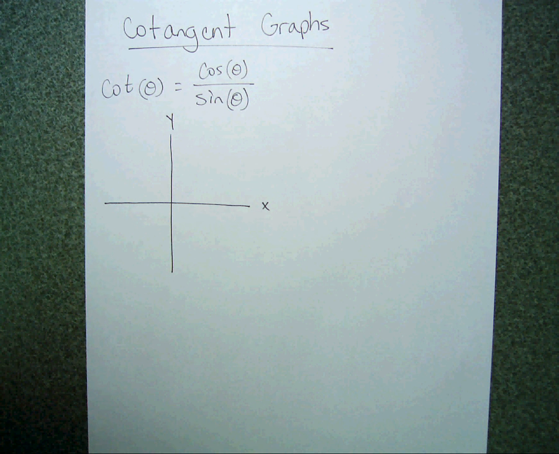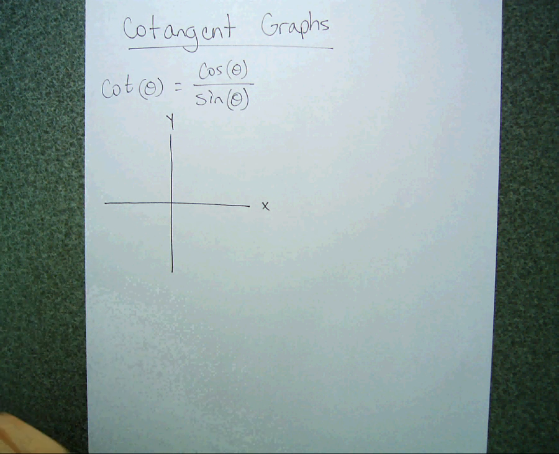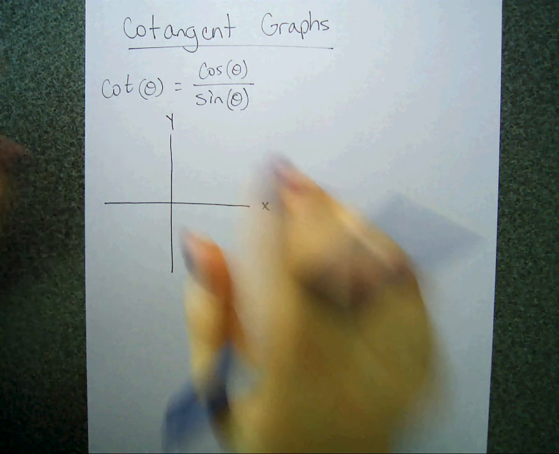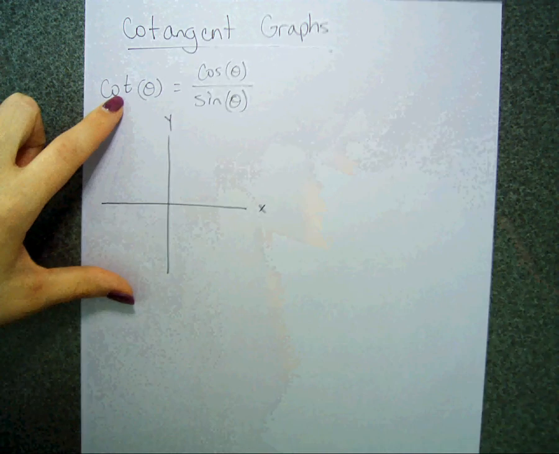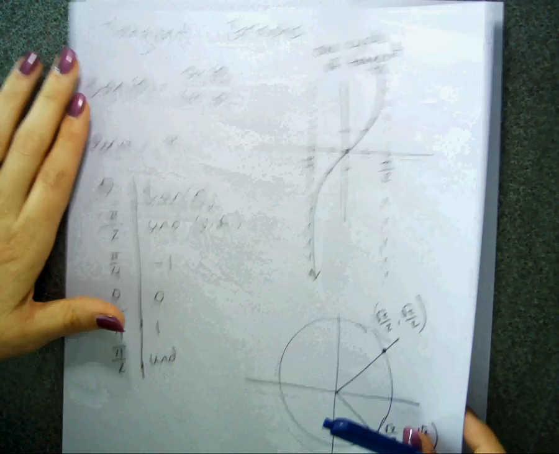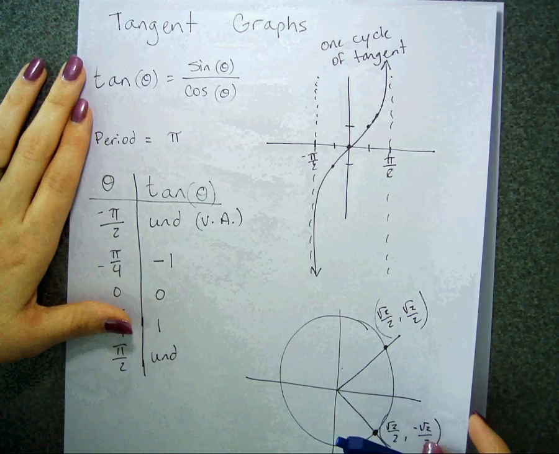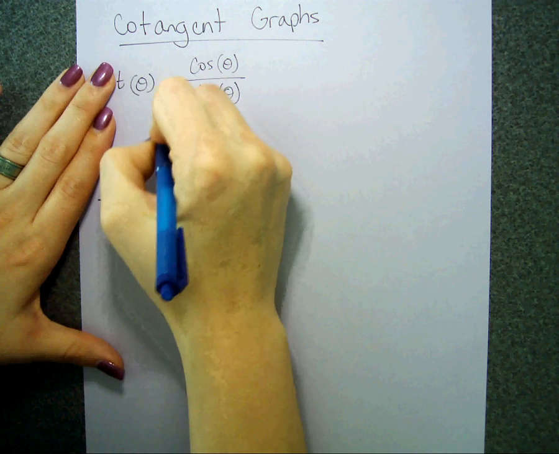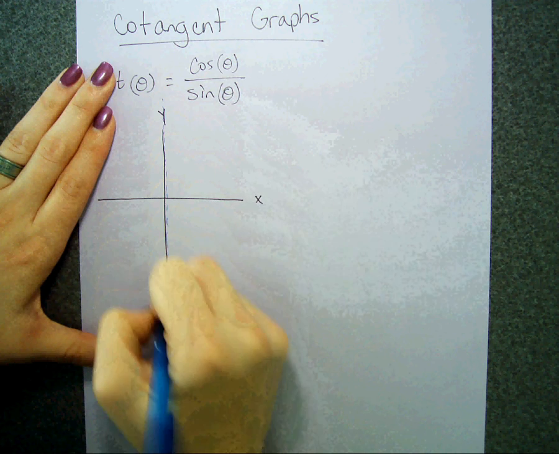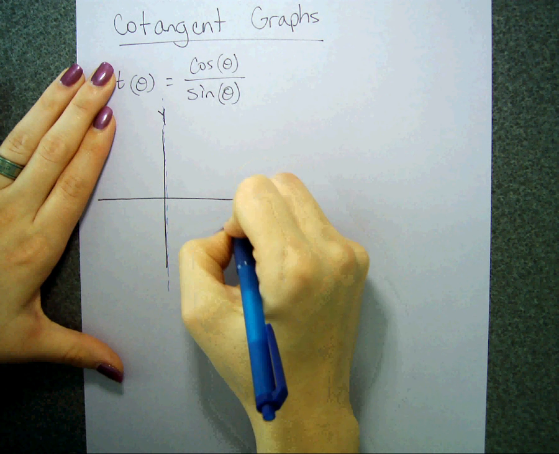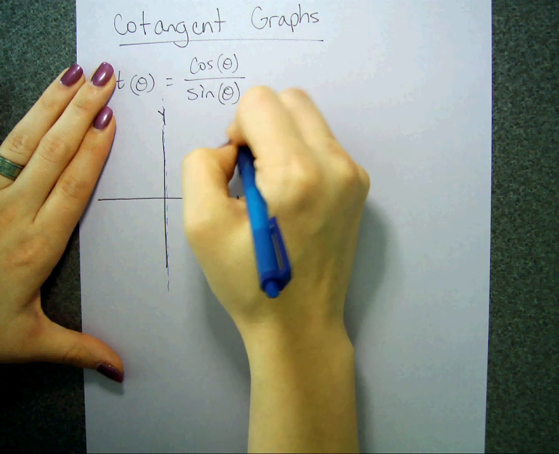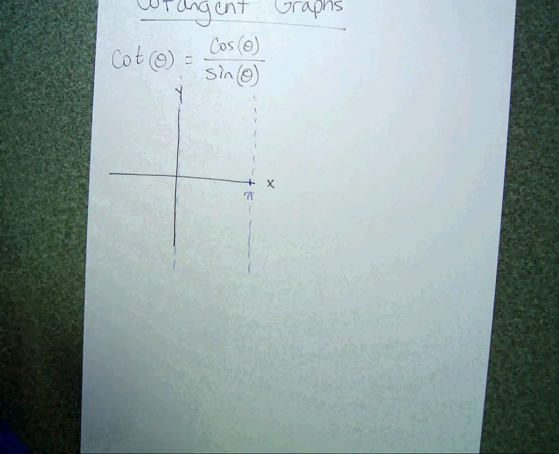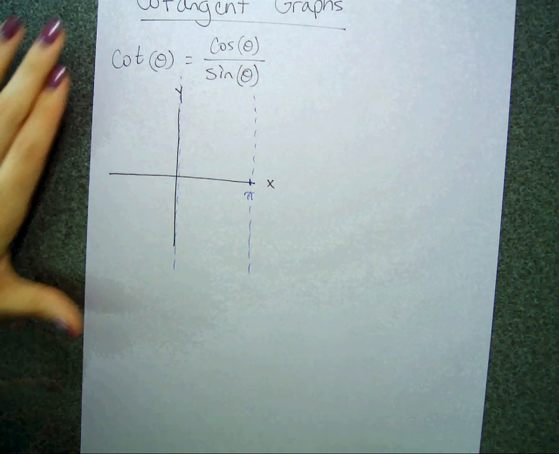And what else? Pi. 0 and pi. So our cotangent graph, instead of going from negative pi over 2 to pi over 2 like tangent, is going to go from 0 to pi. I'm going to have a vertical asymptote at 0, and a vertical asymptote at pi. And it's going to look just like my tangent graph.